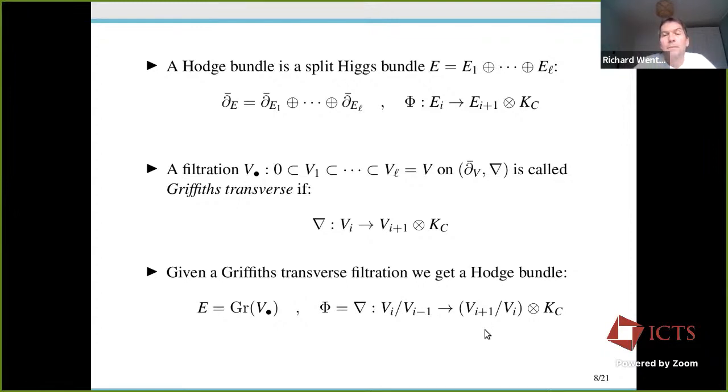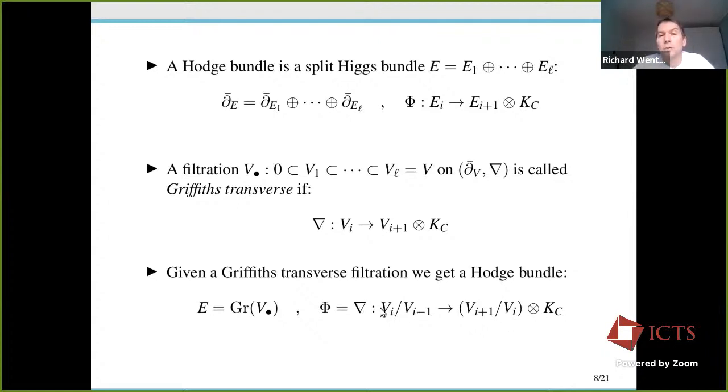Notice that, because of this condition, if I look at the connection on these associated graded pieces, this is tensorial. The Leibniz piece drops out precisely because the Leibniz piece still lives in V1, and we're quotienting out by V1 here.